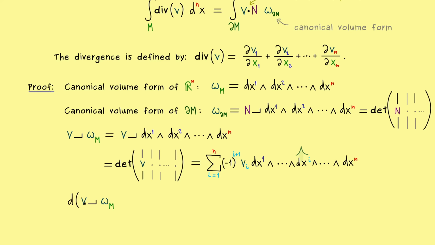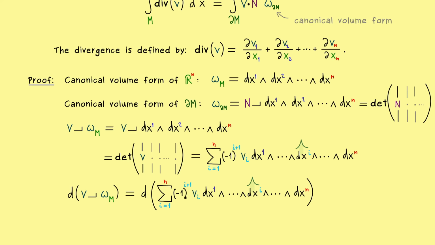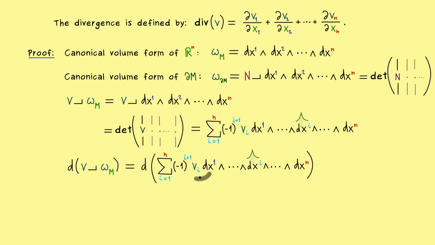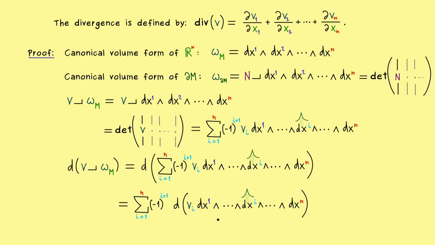Hence we just write d of v into omega m. And this means that we just apply our d operation to the whole sum on the right hand side. And there we can just use all the calculation rules we know. For example, we have the linearity, so we just have to put d to the component vi. Or to say it more precisely, we just have to calculate the Cartan derivative of this n-1 form, and then we sum them all up.